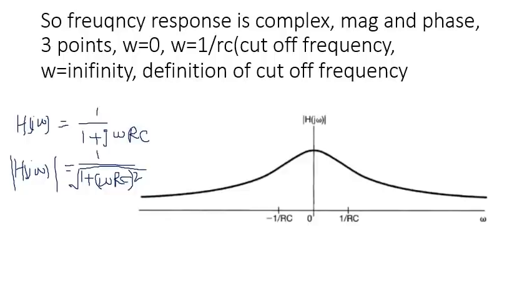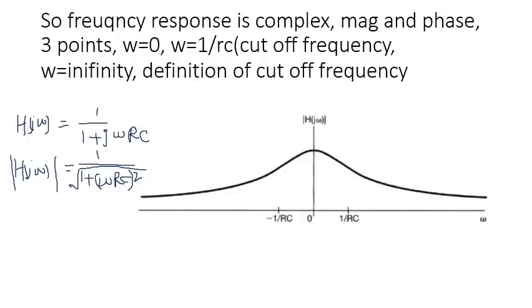To plot the magnitude response, we'll take three different frequencies: omega equals 0, omega equals 1 by RC, and omega equals infinity. The same holds for negative frequencies, because we are taking a square, so whether the frequency is negative or positive, we have the same value.